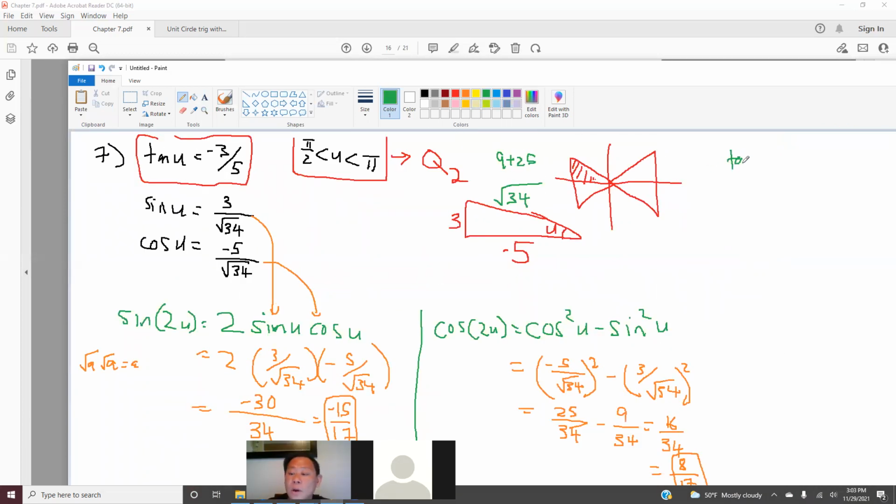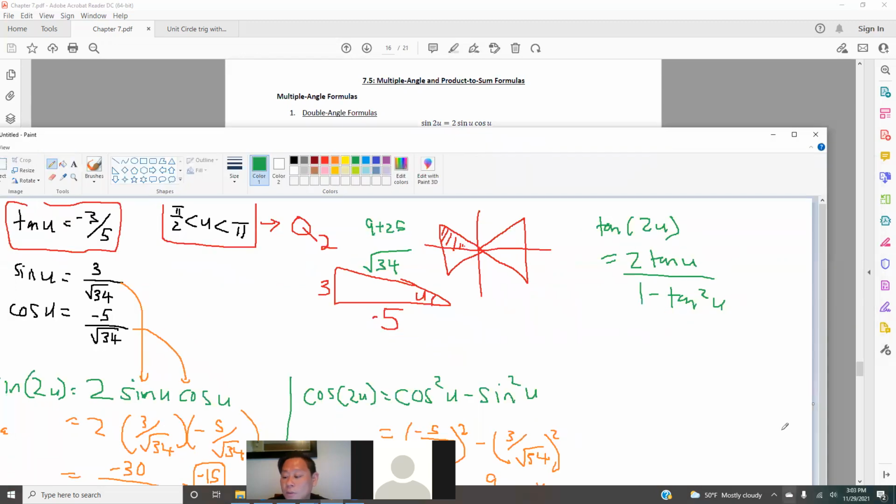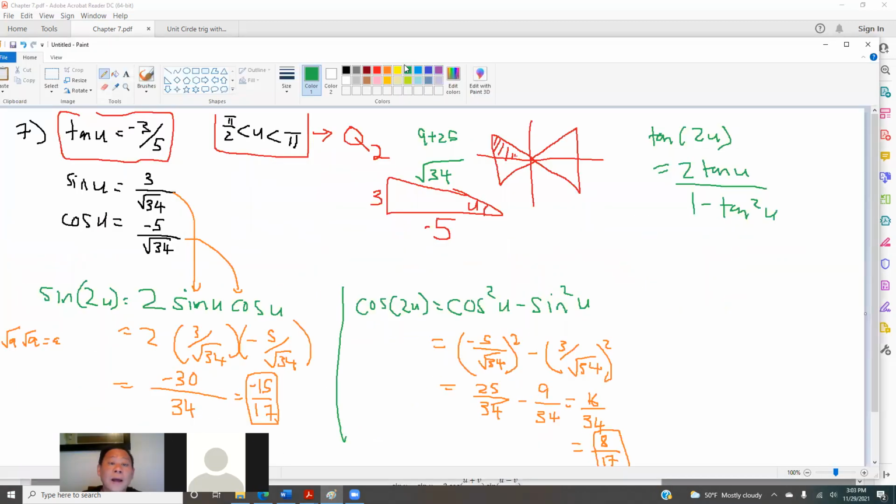And then the last one the question wants you to do is to figure out tangent 2u. The formula for tangent 2u is 2 times tangent u over 1 minus tangent squared u. So, in order for us to do this, again, you plug it into your formula. This is the tangent u that we have. So it's 2 times -3 over 5, over 1 minus (-3 over 5) squared.